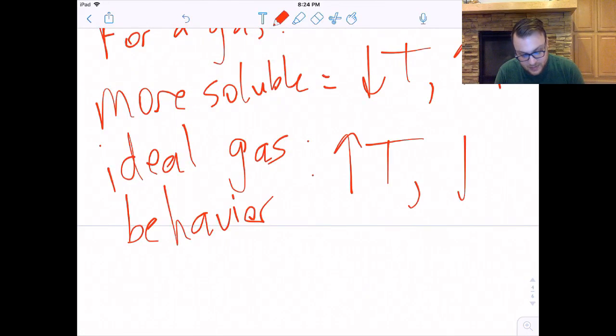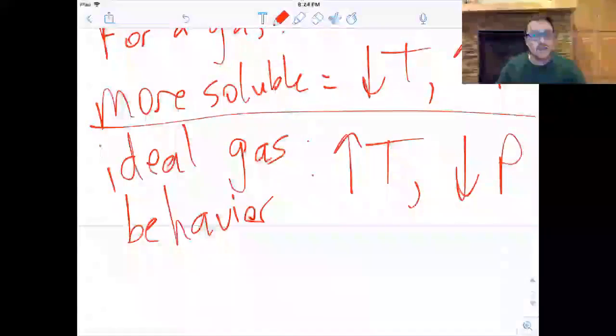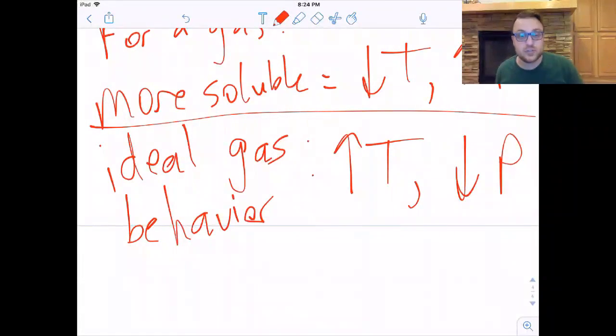So a gas will remain dissolved in solution at cold temperatures and high pressures, but a gas will act more ideally at a high temperature and a low pressure. So try to keep those two straight. I know that's annoying because they're opposites and they both deal with the word gas, but just try to keep that in mind.